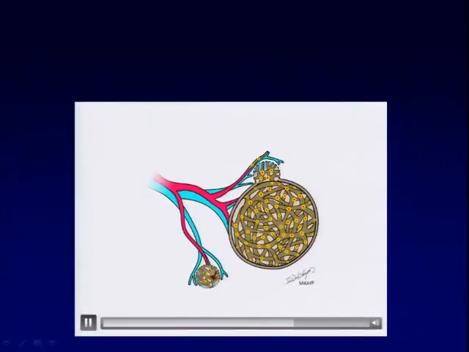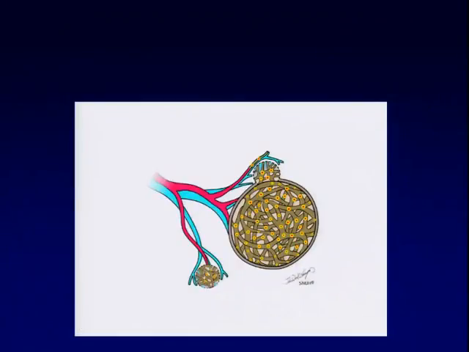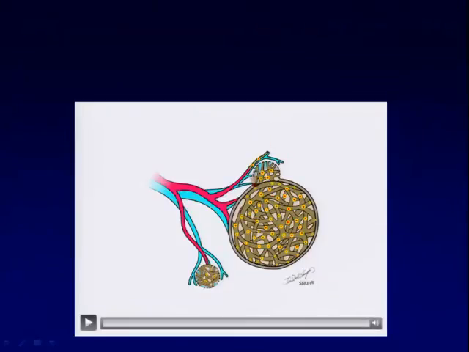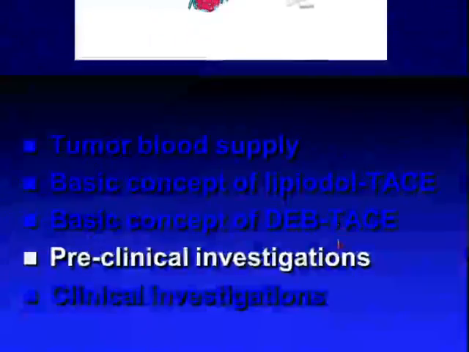The penetration into the surrounding tissue is not so deep, so the procedure is very comfortable for the patient. But it cannot enter into the portal vein, so the portal vein is patent. So the tumor supplied by portal vein can survive even after DEB-TACE. We can easily expect that.